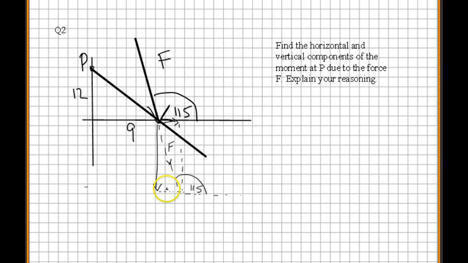And totally along a straight line the angle is 180, so we know that this angle here is 65.